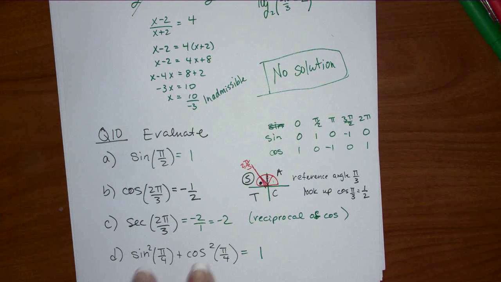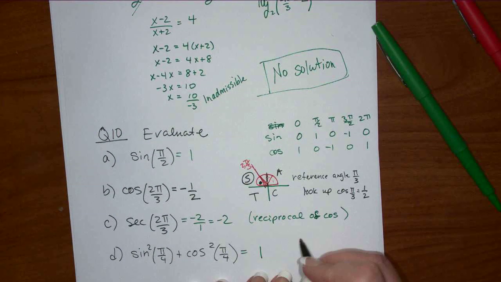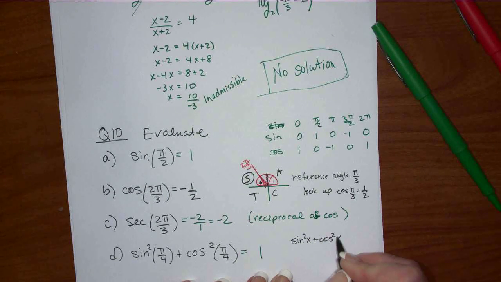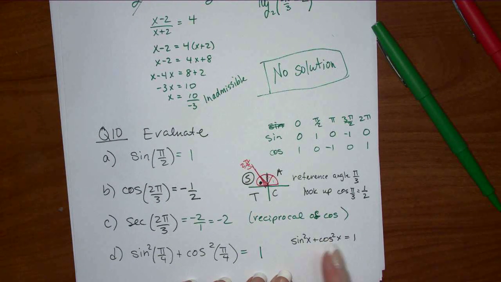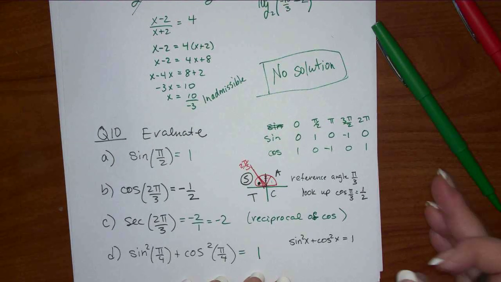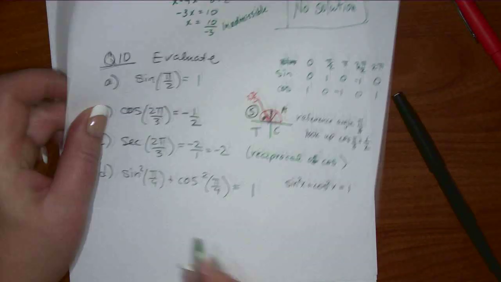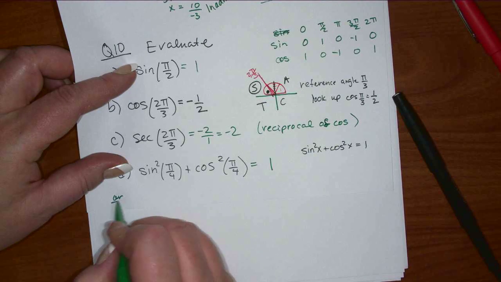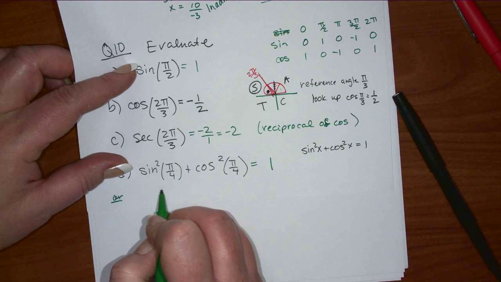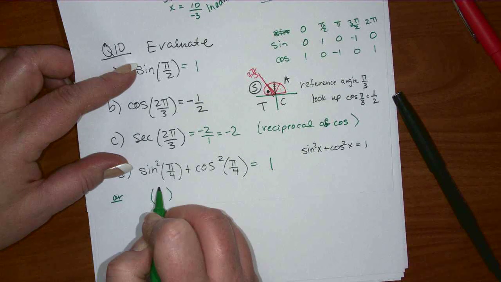Sine squared plus cos squared is equal to 1 always, as long as those two values are the same. Okay. You could say, if you did sine of pi over 4, sine of pi over 4 is root 2 over 2.